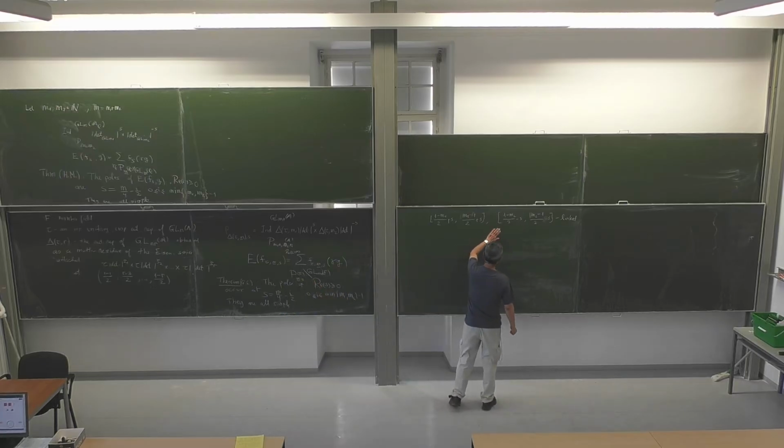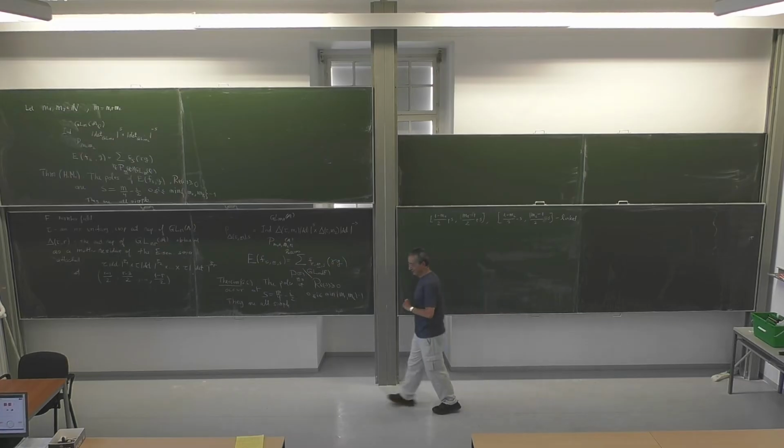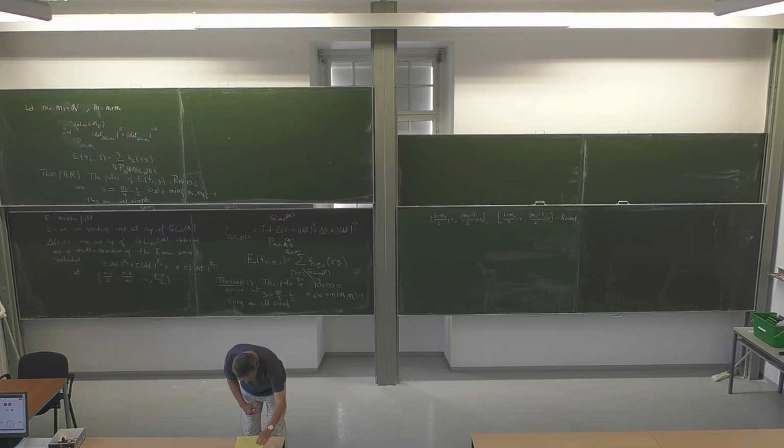So let me sketch some steps of the proof. I will start by pointing at the maximal possible pole of this Eisenstein series. By the theorem, it is obtained when I equals 0.